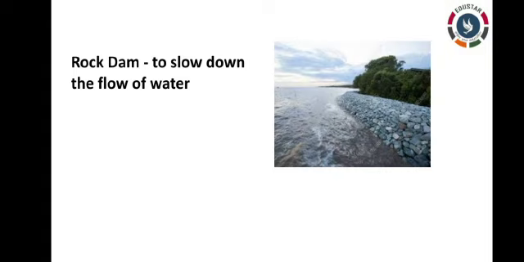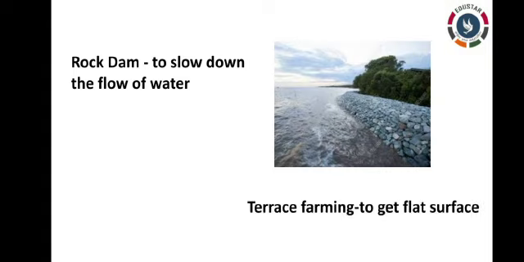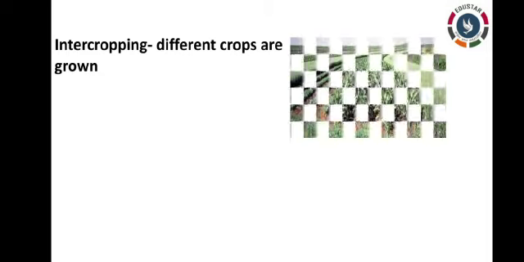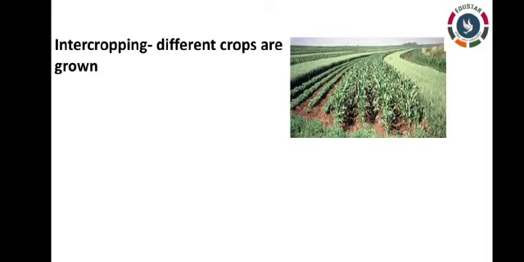Terrace farming. Broad flat steps or terraces are made on the hilly areas to get flat surfaces which are suitable to grow some crops, and it reduces soil runoff and soil erosion. Intercropping. In alternate rows, different crops are grown.